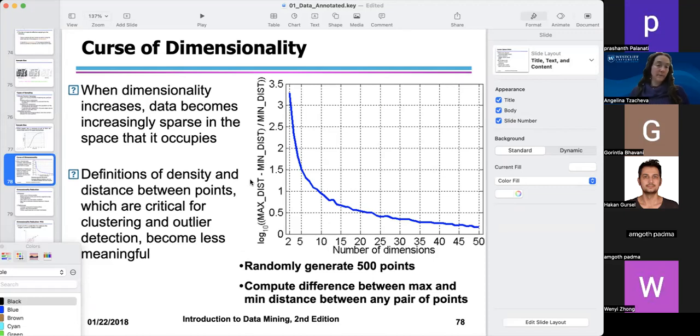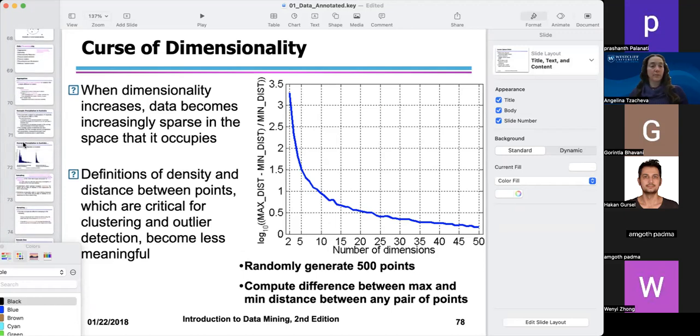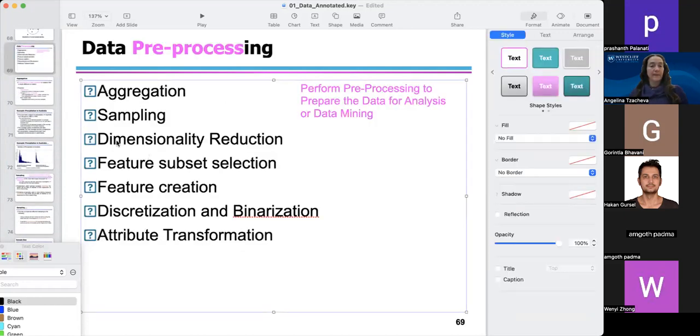And we've been talking about those dimensions. So going back to our methods for data preprocessing, we have talked about aggregation and sampling. And now we'll talk about dimensionality reduction. So we said that dimensions are the attributes.